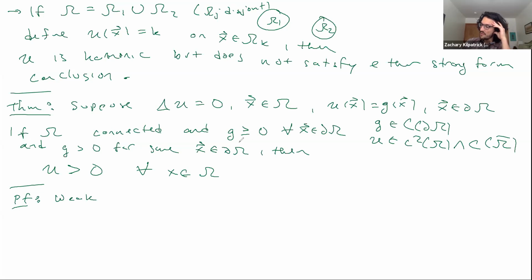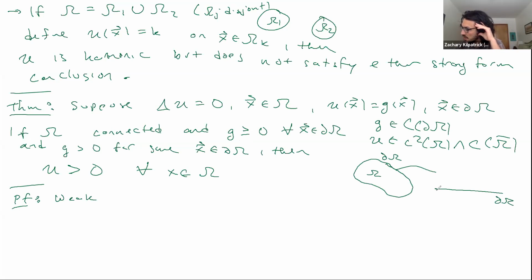So what do we have here? We have some function. So imagine you have some boundary here, right? This is omega, this is d omega, and we kind of unroll the boundary here, right? So this is d omega, and then G, I don't know, looks something like this, right? So here's our G as a function of x in omega.